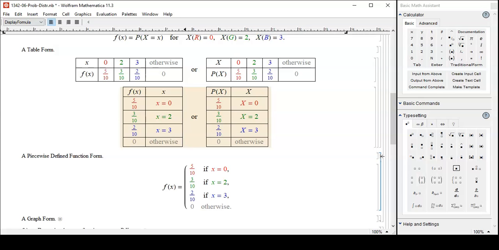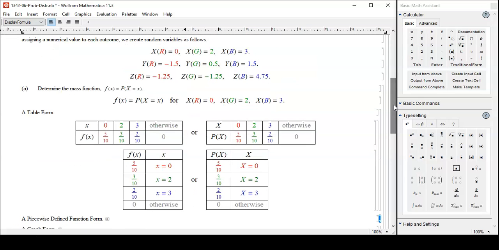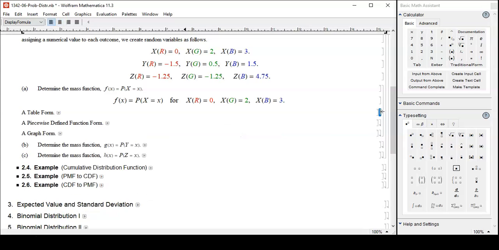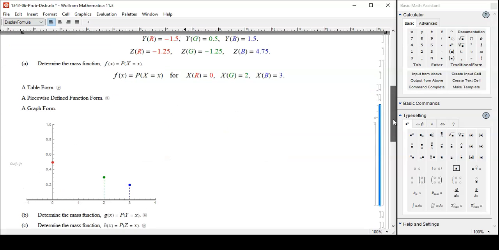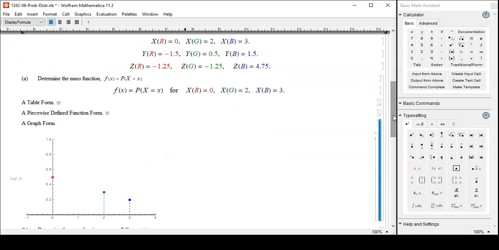All right, so what are the probability mass functions? Small x value will be those allowed outcomes, allowed payoffs, and then otherwise we have probability of 0. Now, let me show you the graph expression of the same thing.